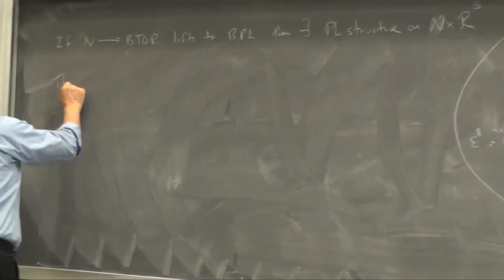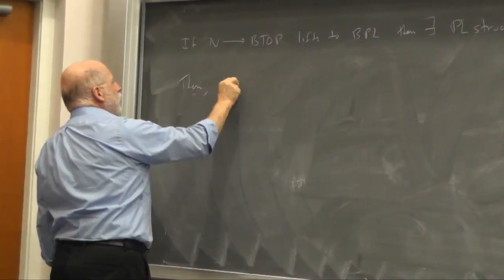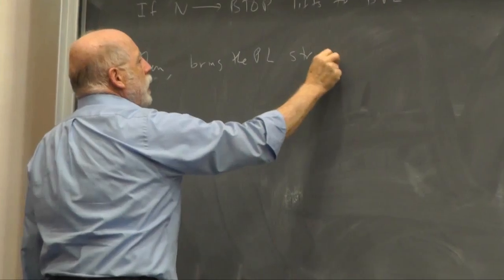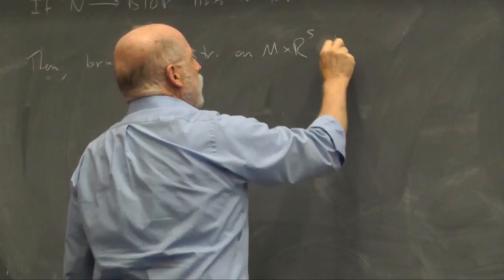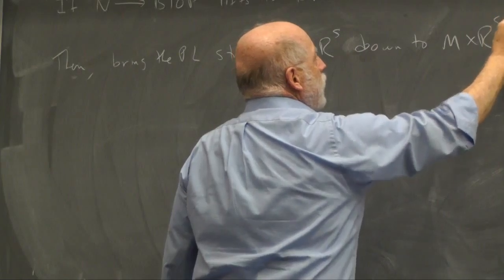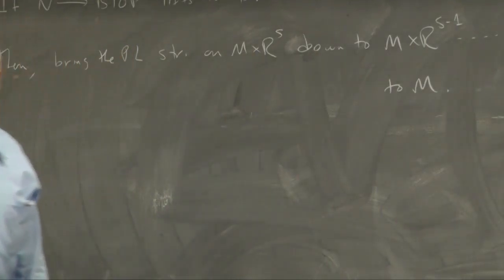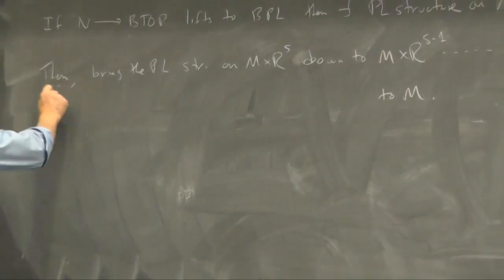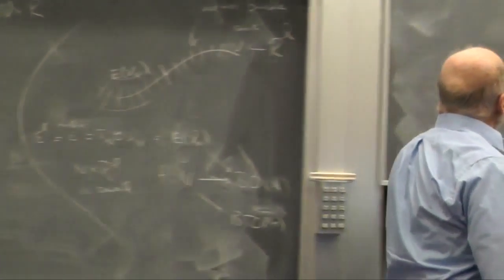Then the last step is to bring the PL structure on M cross R^s down to M cross R^(s-1), to M. Bring it down one factor at a time. There's a theorem, the product structure theorem, that says you can do that. So these are sort of three steps here.